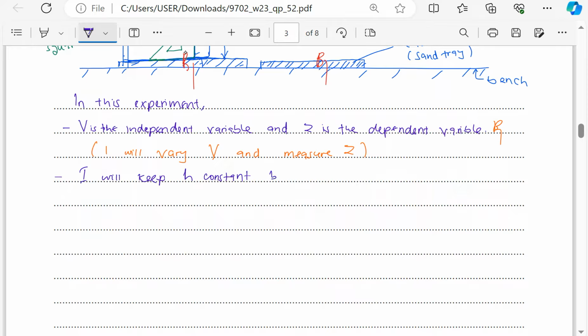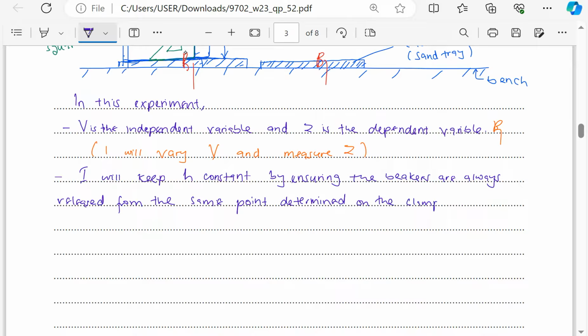I'll keep H constant by ensuring the beakers are always released from the same point determined on the clamped rule.